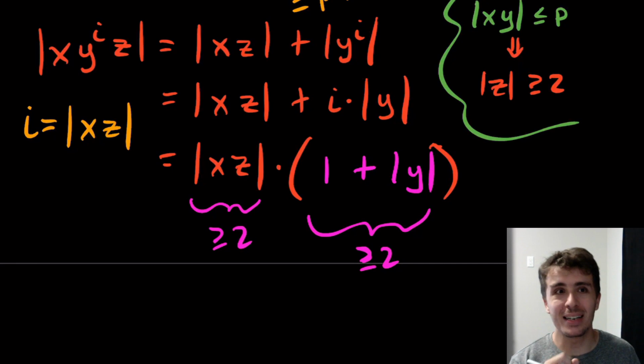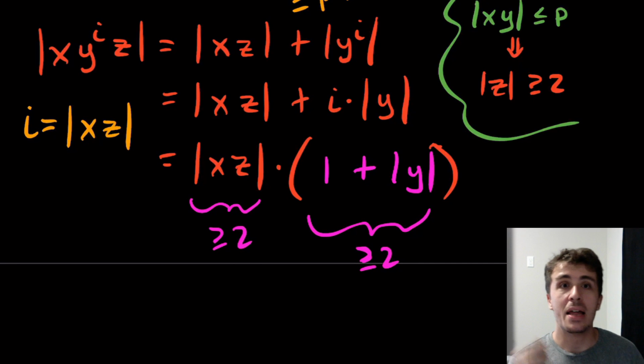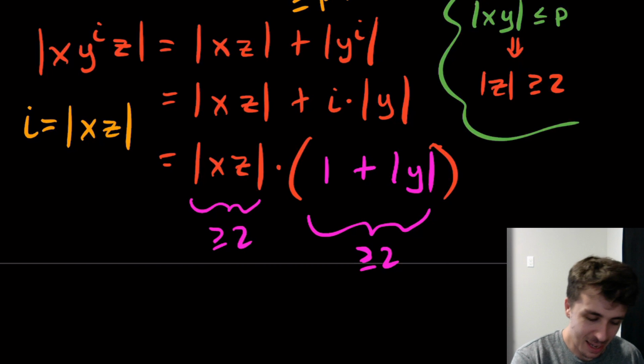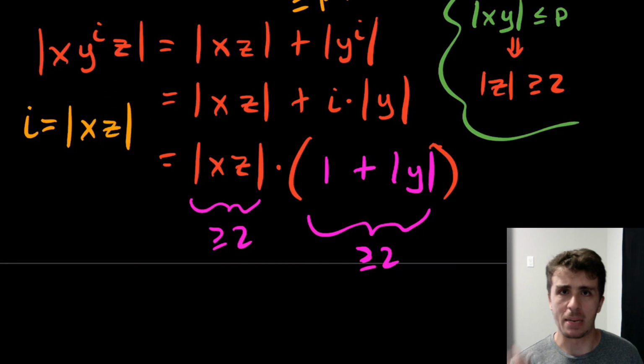Isn't that weird? So if I pick this value of i, then I will get something that is composite, two numbers that are at least 2 multiplied together to get the original prime number, supposedly, but it's not prime because those two numbers are at least 2, which means that the string is not in the language anymore. Okay? And you may think, well, oh no, that's illegal. You gotta pick i to be 2, you gotta pick i to be 3, or some number.